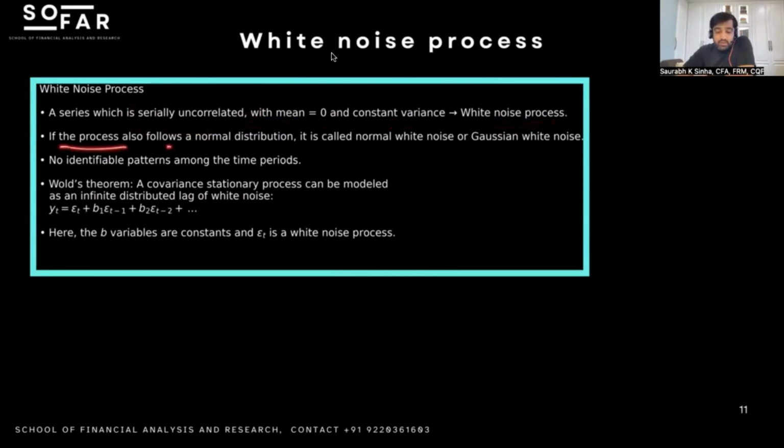If that process follows a normal distribution, it is called normal white noise or Gaussian white noise. Generally, people call it Gaussian white noise. You can also call it normal white noise. There should not be any pattern among the time periods. So et would be completely random. It could be anything on the planet. And that is the definition of a white noise process. Cool.